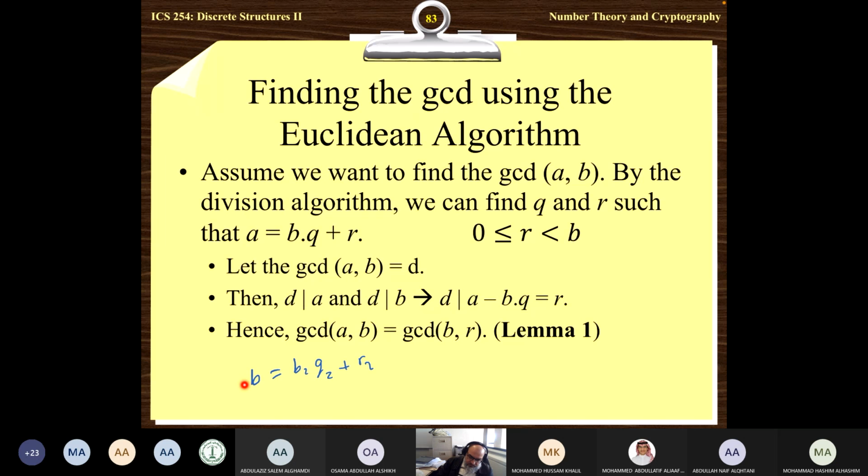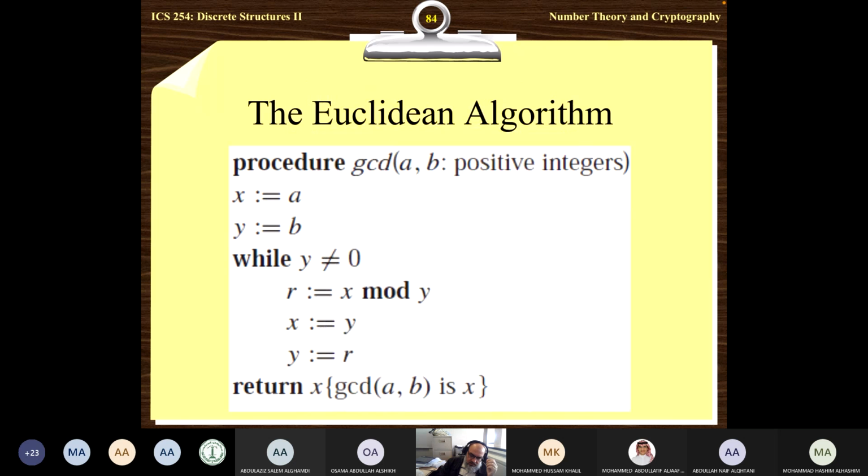The greatest common divisor between b and r is also the greatest common divisor between b2 and r2, and r2 is less than b2. So you keep continuing, and this is basically the algorithm.